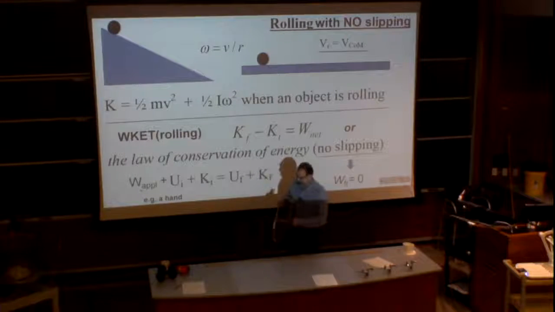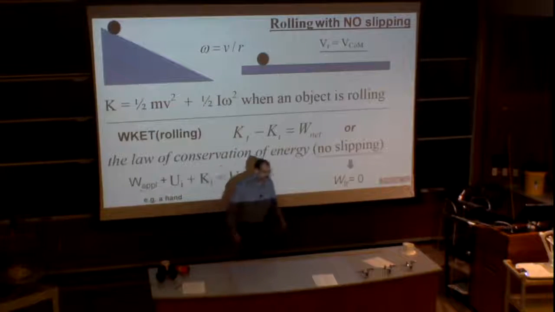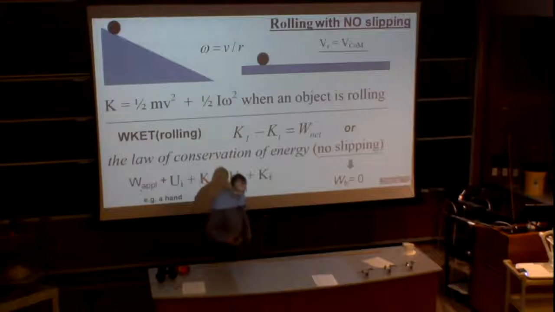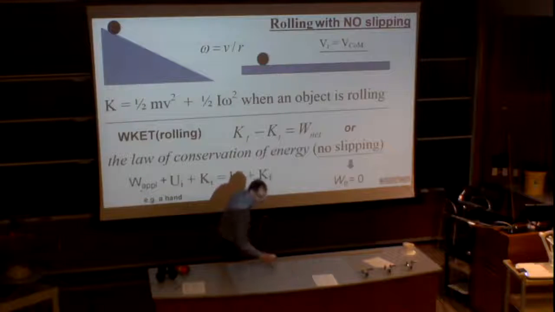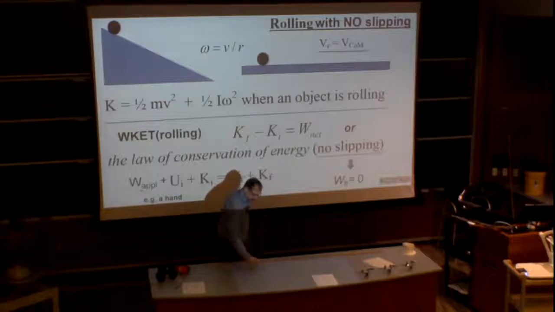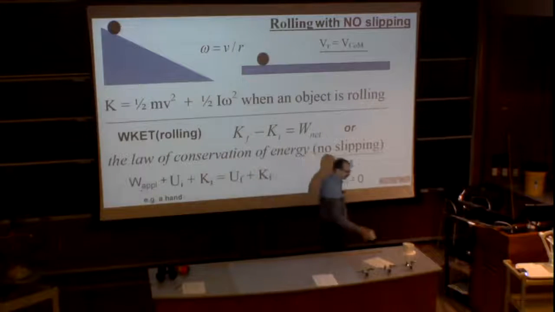But in all our examples, we're only going to analyze a situation when an object rolls on its own and there is no slipping. So translational motion and rotational motion are always coupled together.